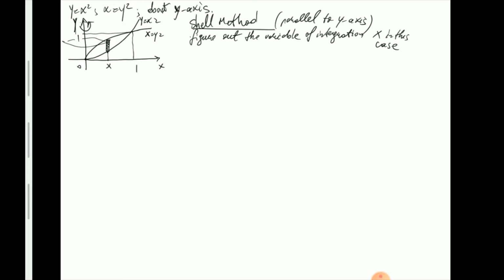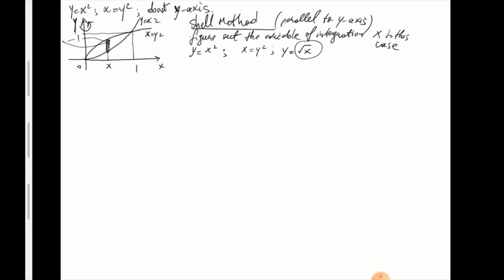If not, you switch the method from shell to washer or vice versa. Because we decided on x, both functions should be in terms of x. One of them already is; the other needs to be brought in terms of x, so you solve for y, and the square root of x is the other function.